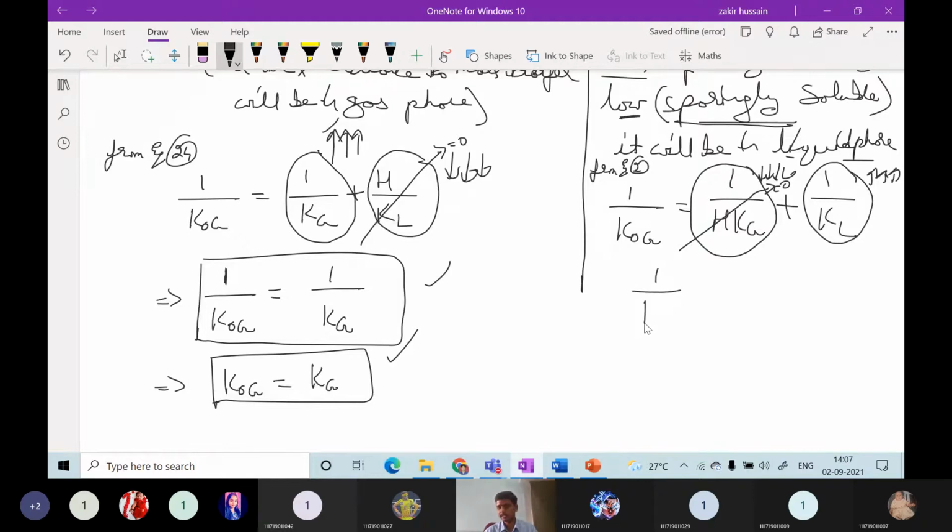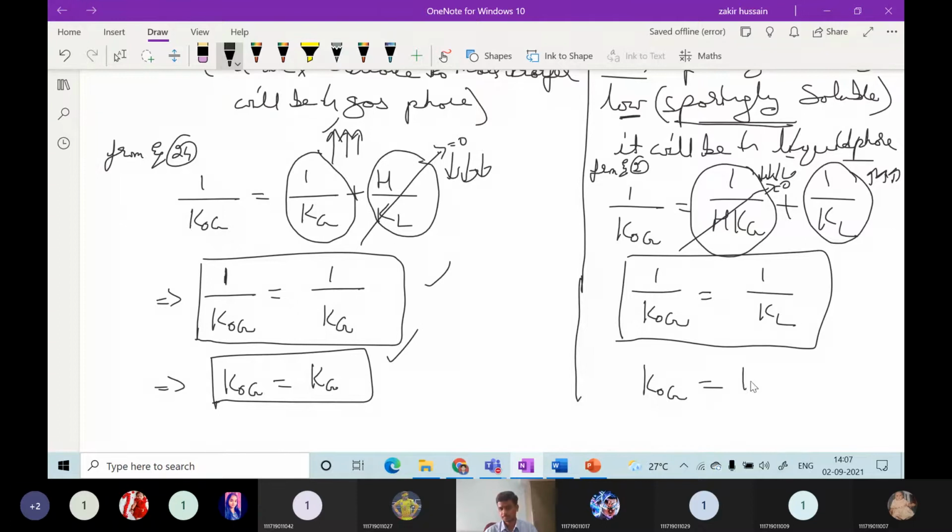Therefore, under such conditions, we can say 1 by KOG is equal to 1 by KL, or if you reciprocate that equation, then we can say KOG is equal to KL. These two are valid when the gas is very low soluble. When the gas is very highly soluble, the earlier two are valid. Unnecessarily we don't have to waste our time in estimating this term.